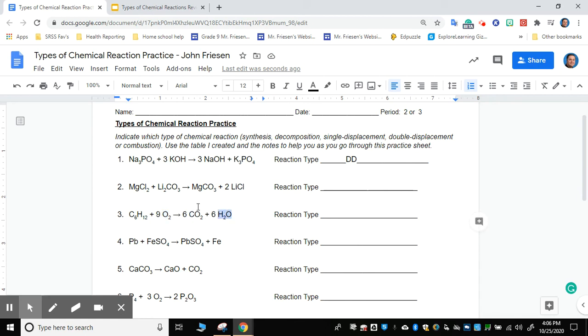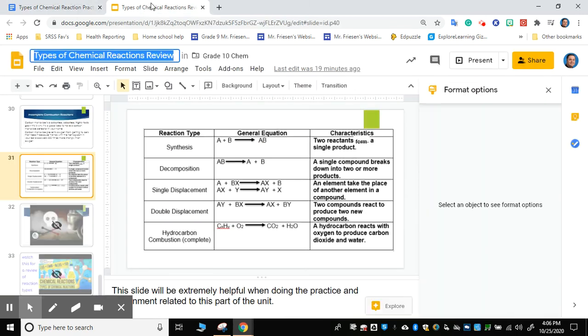So this is getting a little messy. Let's take a look at our sheet here. Which one of these does it look the most like? Remember, the first one had a compound and an element, but then it yielded 2 compounds on the other side, so it doesn't look anything like this one. This has 2 compounds, but it has 2 compounds on that side.